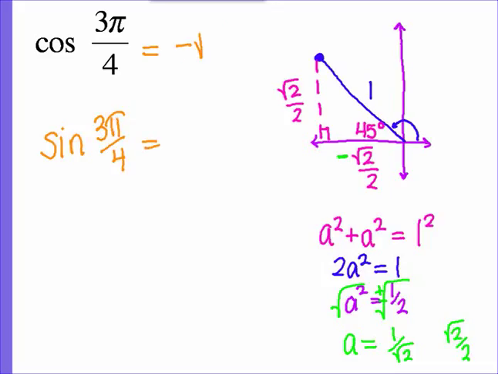Negative root 2 over 2, because remember, cosine in this triangle is just your adjacent side over the hypotenuse. Your adjacent side is right here, which is negative root 2 over 2 divided by 1. So what's the sine in that triangle? Root 2 over 2.